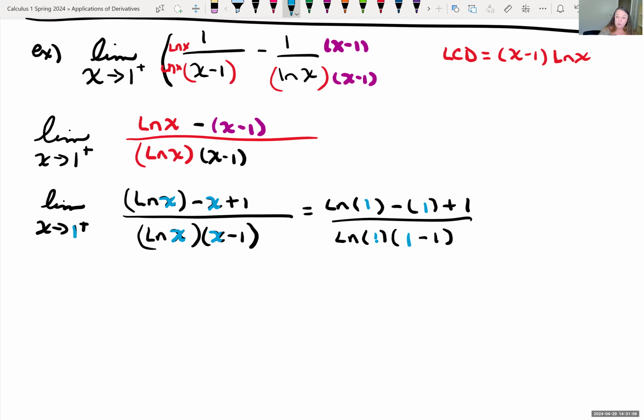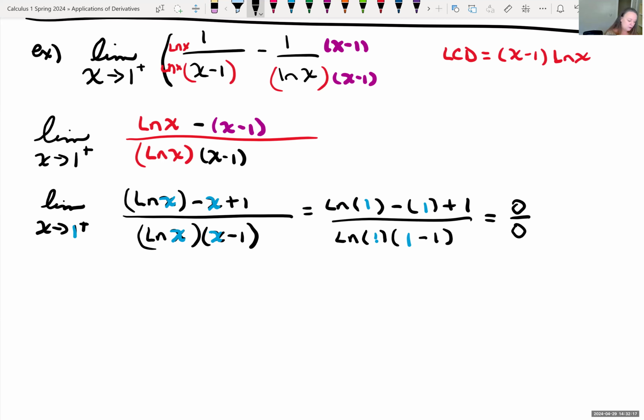But the natural log of 1 is 0, so I have 0 minus 1 plus 1 gives me 0 in my numerator, all over the natural log of 1 is 0 times 0 is also 0 in the denominator. So now it's in the form that we can use L'Hopital's rule to help us evaluate this.